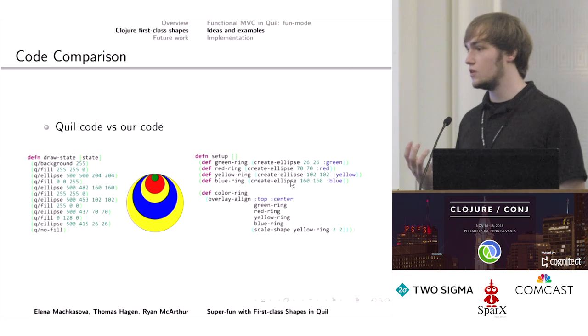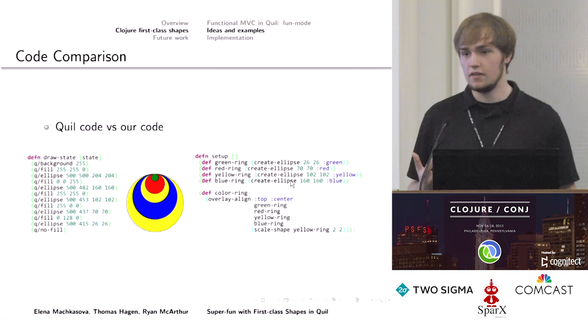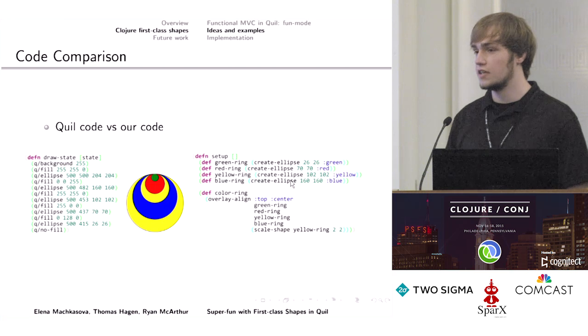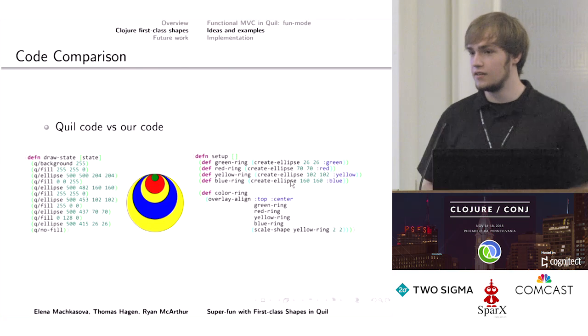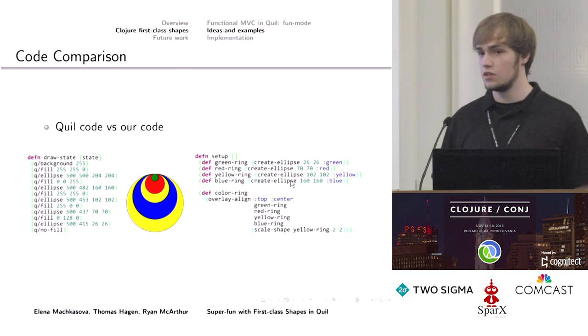But just conceptually looking at it, you don't get the idea of this shape. You get a block of numbers that you have to figure out what the RGB values are for and what the positional differences are. So if you were handed this block of Quil code, would you know if the circles are aligning on top of each other or on the bottom of each other?